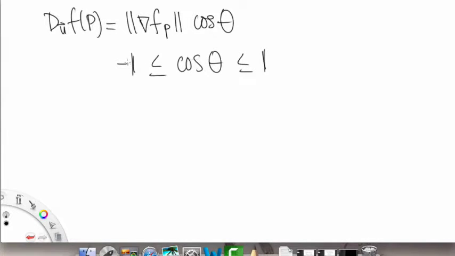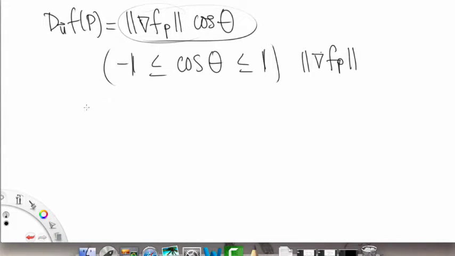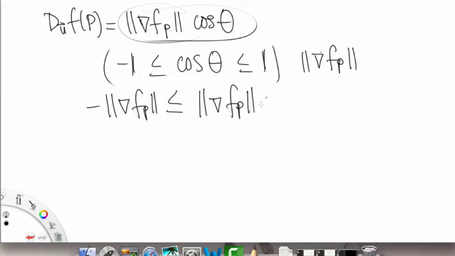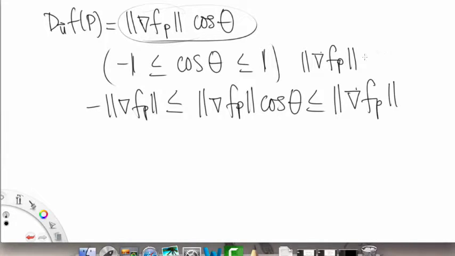If we multiply everything by the magnitude of the gradient, we get that the negative magnitude of the gradient is less than or equal to the magnitude of the gradient times cosine theta, which is less than or equal to the positive magnitude of the gradient. The left end is when theta is equal to 180 degrees, or pi, because that's when cosine is -1.